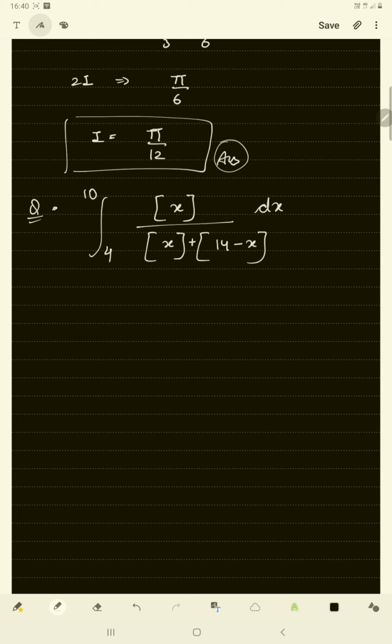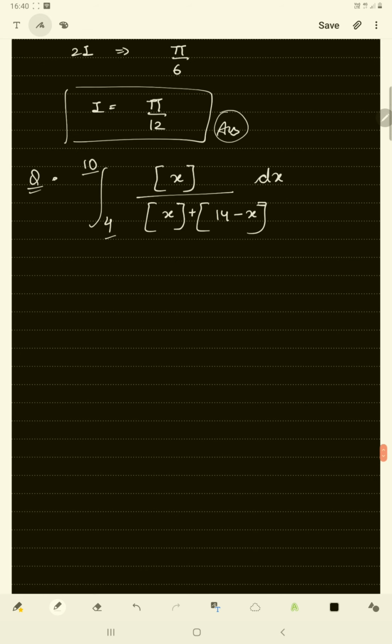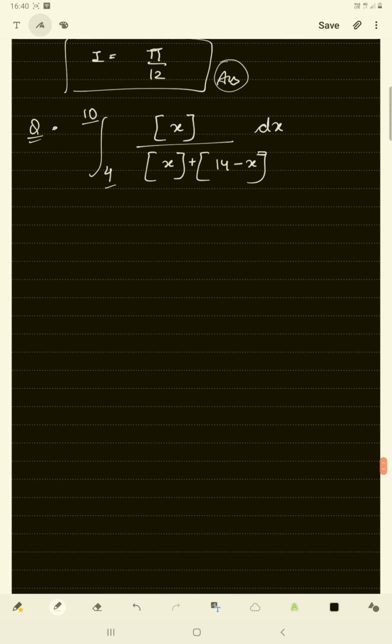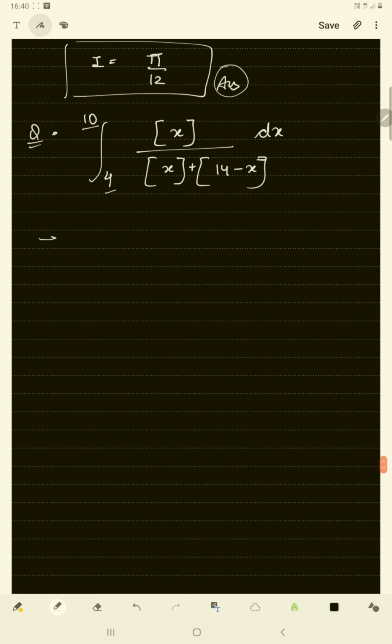Now we have a greatest integer function, but rather than breaking it into simpler pieces from 4 to 10, like we did in the second or third video, where we break the function into the parts that are continuous, breaking it into parts would not be beneficial for us, because we would get so many parts from 4 to 10. The greatest integer function breaks at the integers, and we have 6 integers over here, so it will break at 7 points. We cannot just break it at 7 points and solve. Rather, we just need to apply the King of Kings property.